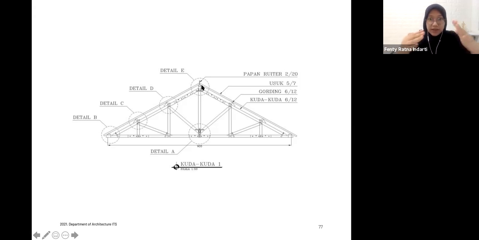In drawings, it's easy, you just finish it. But in reality, in practice, you have to define this meeting, this joint. If you don't define it, then it will be open and have leaks and your roof is not working. So that's why you have to define it. That's why the most important part is those two for the details.